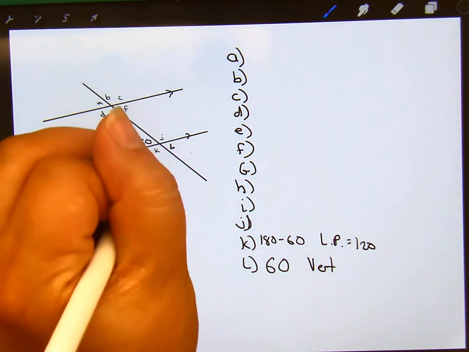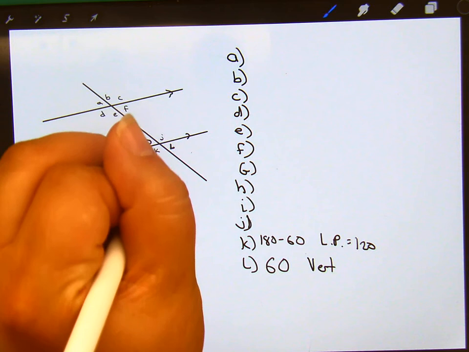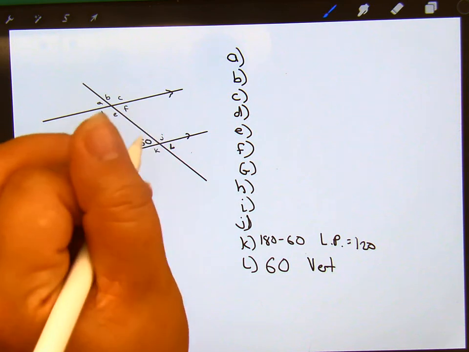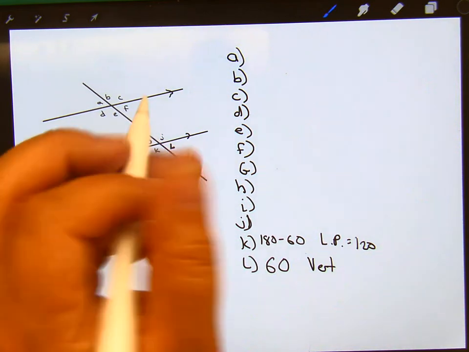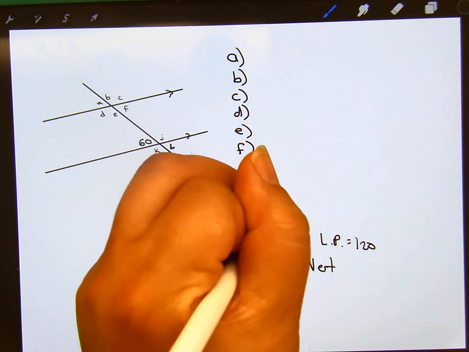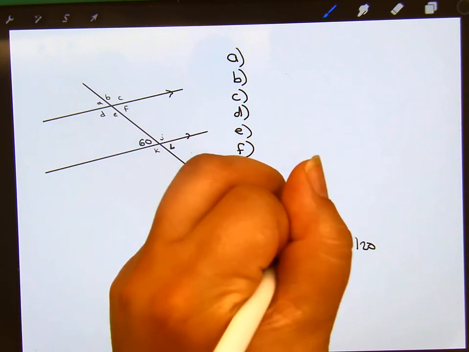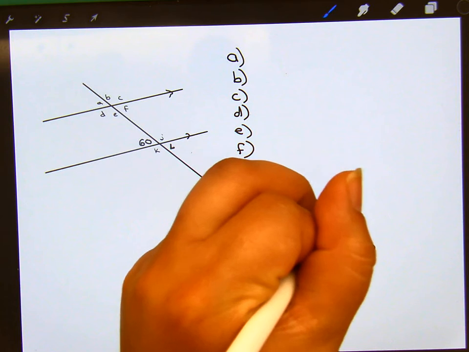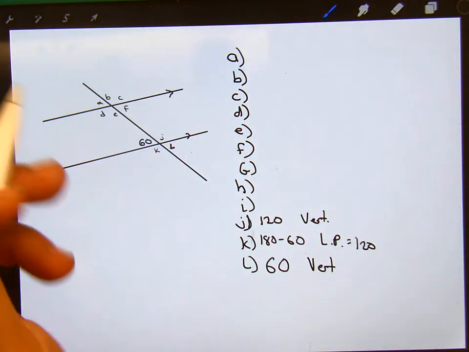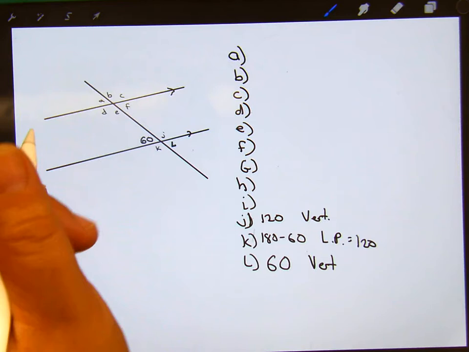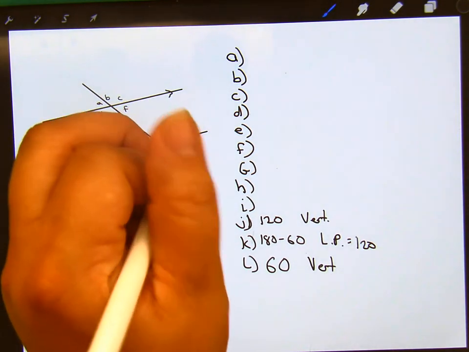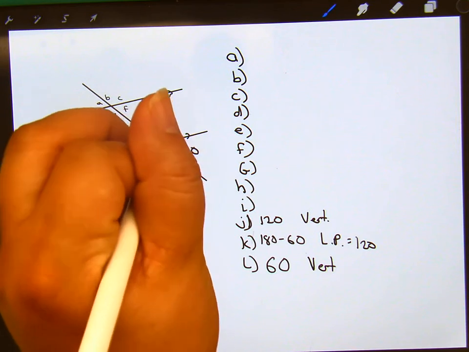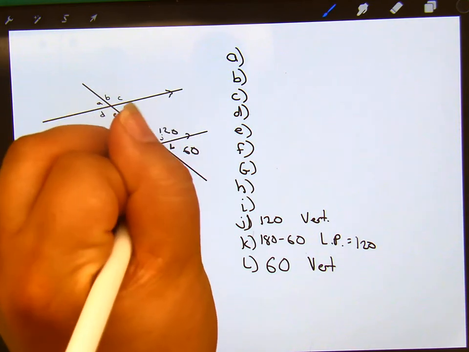Okay, so if K is 120, that means J is also going to be 120 because it is a vertical pair with K. So we have 60 over here, 120 here, and 120 here.